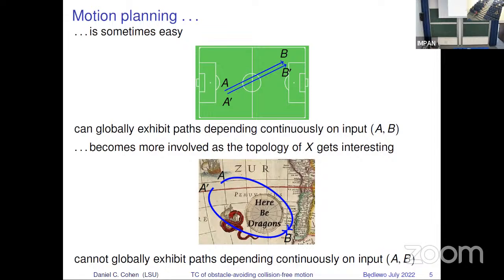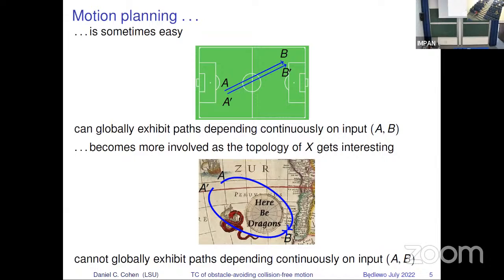Sometimes producing this path is very easy. For instance, if you have one robot or one soccer or football player, depending on what part of the world you come from, and this player is moving around on a completely empty playing field, and you start near your own goal and you want to end up near the opponent's goal, well, you can just move in a straight line from your initial point to your terminal point.